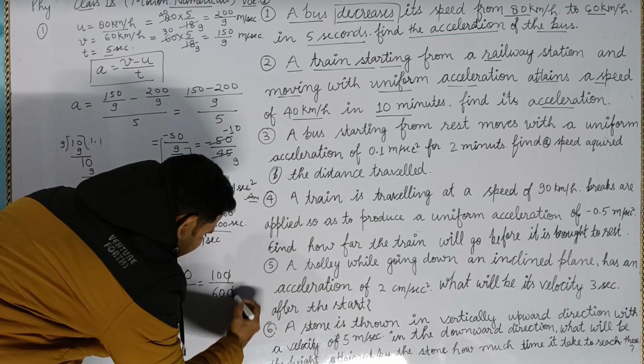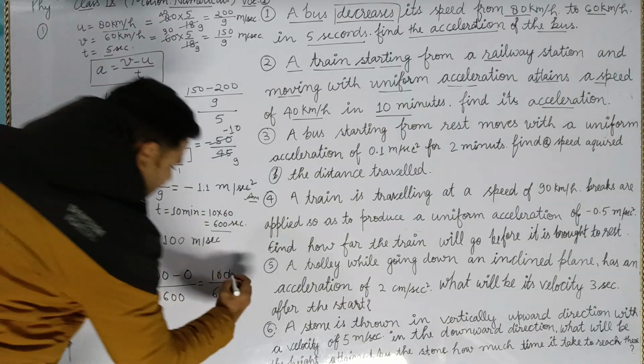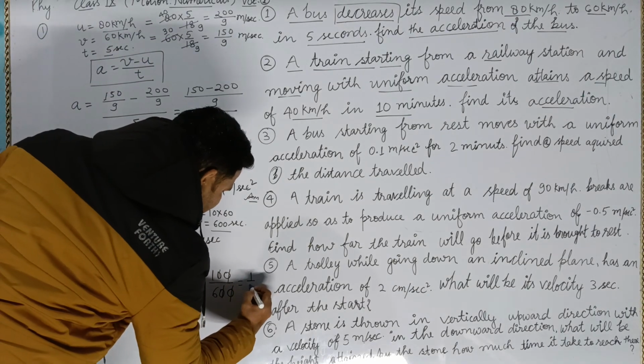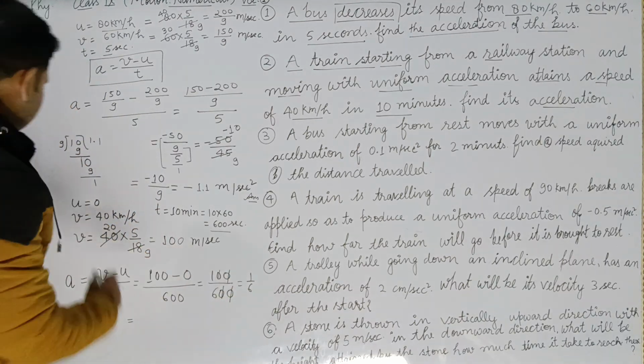So simply we cut the zeros from this, 1 by 6. We divide 1 by 6 here.